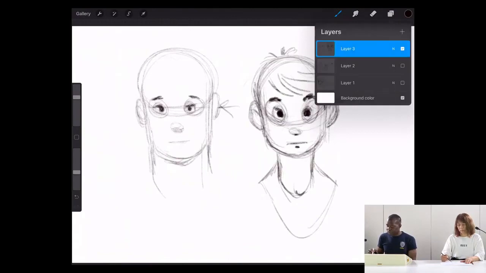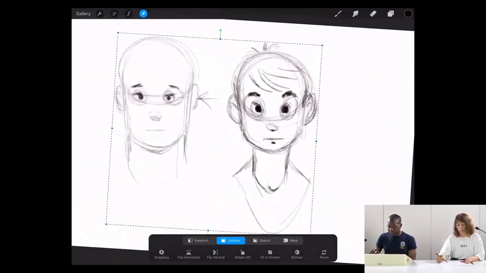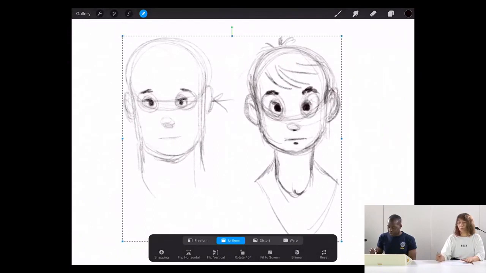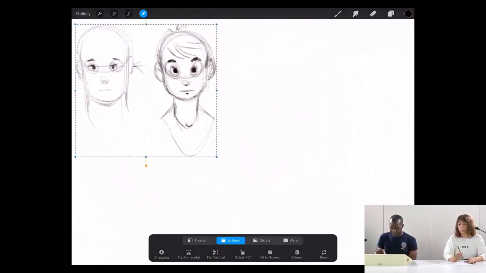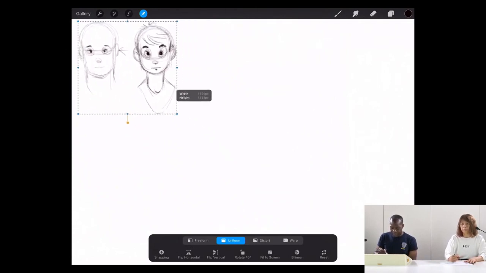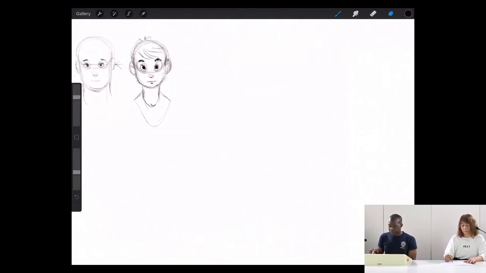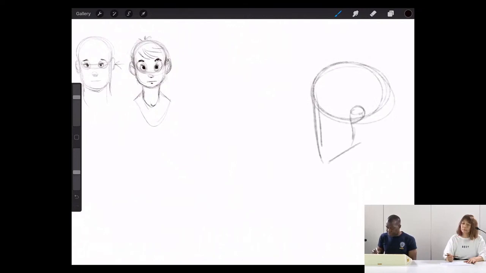Okay, so this is from a front position. I'm going to take it now from a side position. Again, if I was to draw an adult head, basically we have these proportions. Again, the eyes are pretty much equidistant between the top of the head and the bottom of the chin.